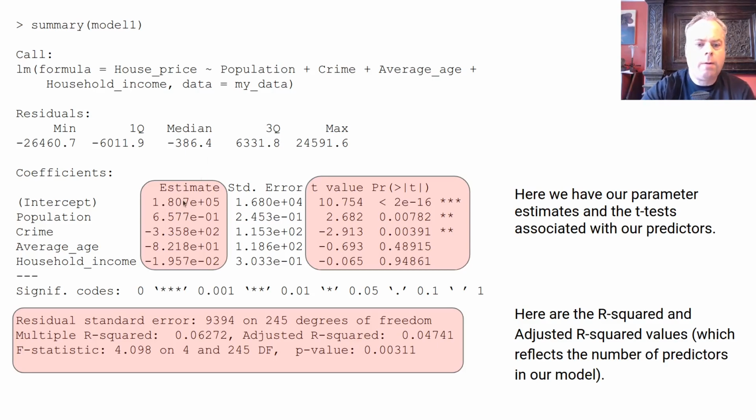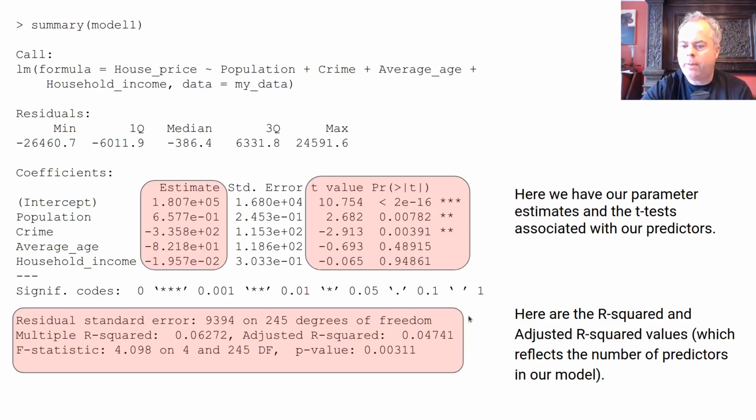So we've got our 5 parameter estimates here, with t-tests associated with each and p-values associated with each t-test. You might look at this and think, hold on, here's something interesting. 2 of our predictors, average age and household income, don't actually look to be significant in and of themselves. We're going to park that thought for a minute and come back to it in a little bit.